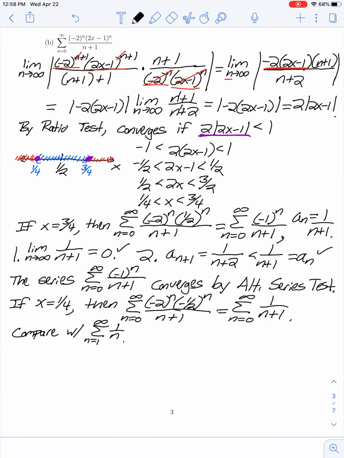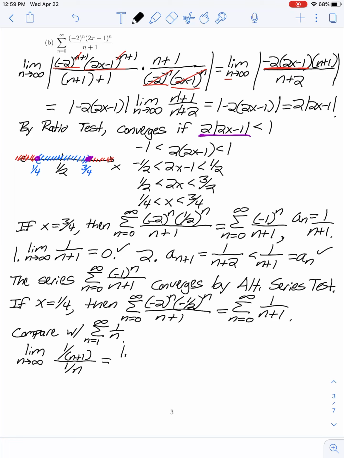So using the limit comparison test, we would take the limit as n approaches infinity of the ratio of the terms of our series. The series that I'm considering is 1 over n plus 1. We divide that by the general term of the series we're comparing with, which is 1 over n.